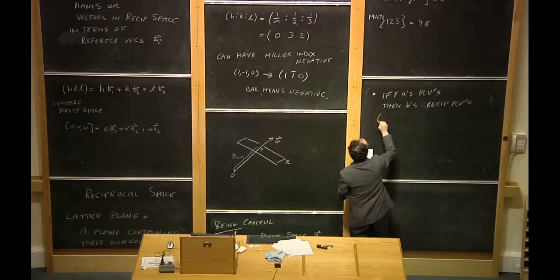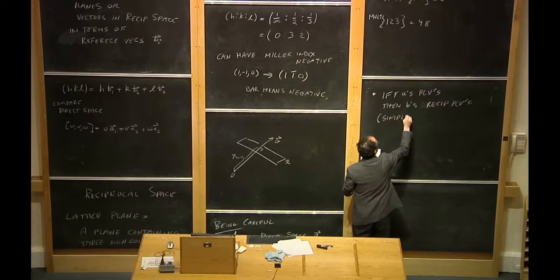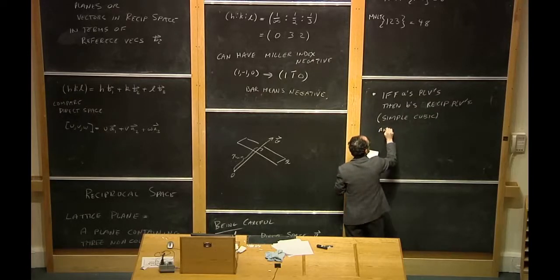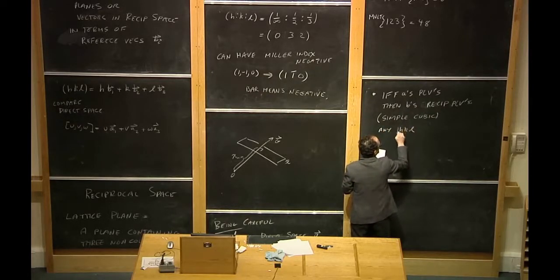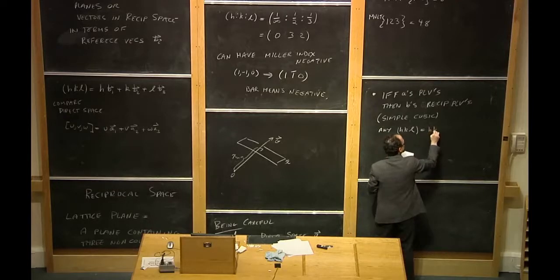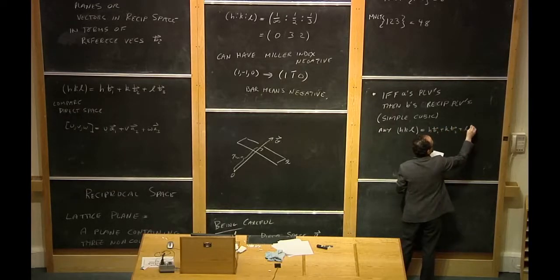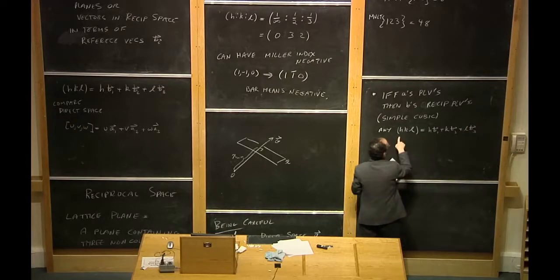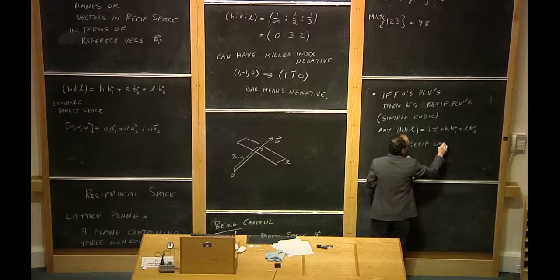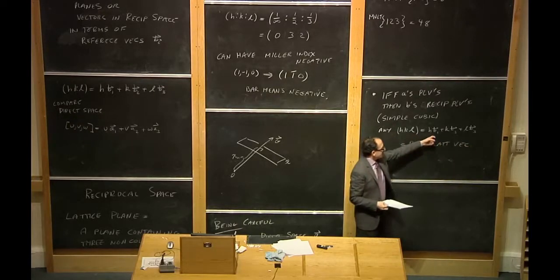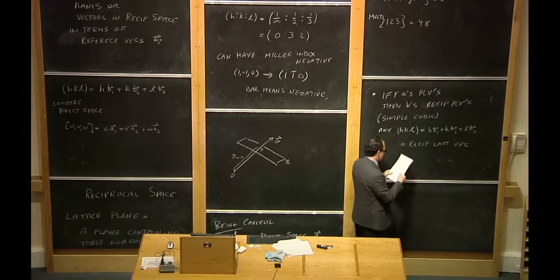For example, this is true for simple cubic, which means any HKL, H B1 plus K B2 plus L B3, which is the definition of HKL, is a reciprocal lattice vector, because integer sums of primitive lattice vectors give you an element of the lattice.